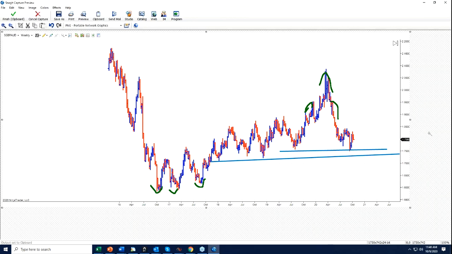So again, I try not to make this into rocket science. You have this inside bar, and you could probe this and just put a sell stop here under this week's low and see if there's any traction.